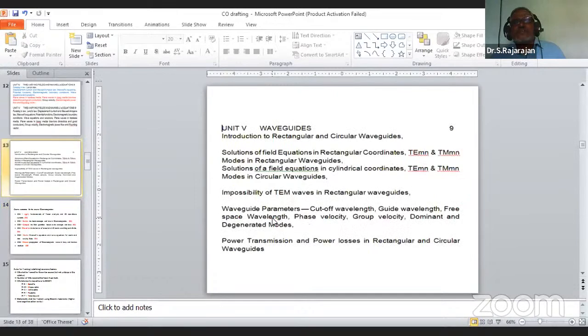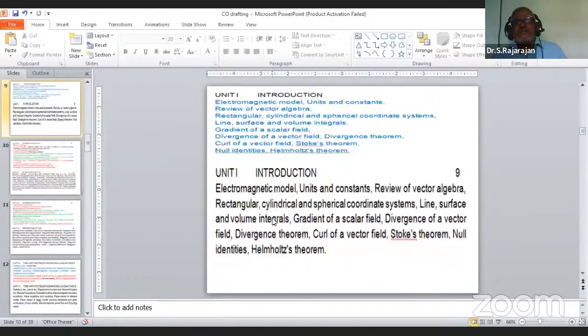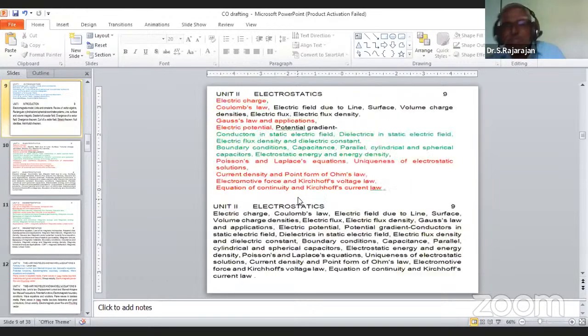Look at the first unit syllabus. The first unit is full and full of basic items. It is a recap of the previous prerequisites. For the coordinate systems, we have to understand the spherical coordinate and rectangular coordinate from your mathematics or physics part. And electromagnetic model is already physics, you would have studied it. These are all prerequisites of the existing subject.